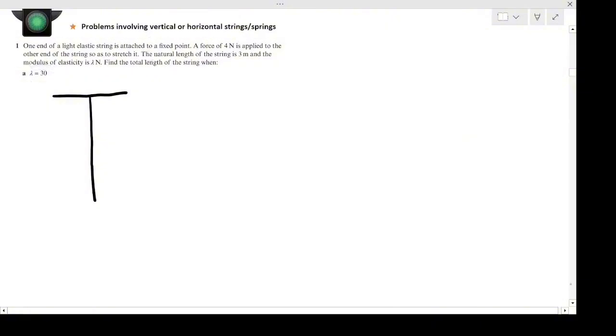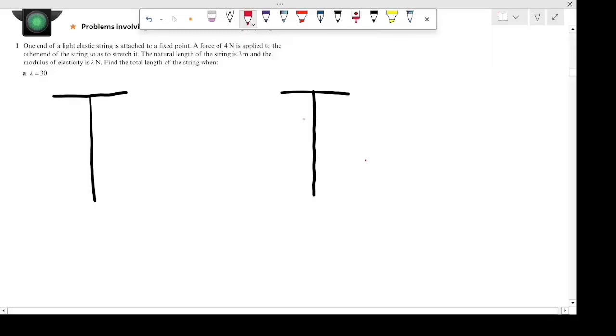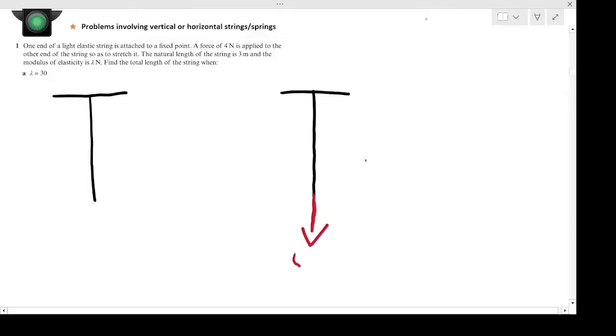So if I do another diagram, if we now put on this force, that's my normal string, but now I'm going to add on the force. I'll do it in a different colour. So it's been stretched, so it's going to be stretching downwards like this. There's going to be a force at the end pulling it down, tugging the string down. And that force is 4 newtons.